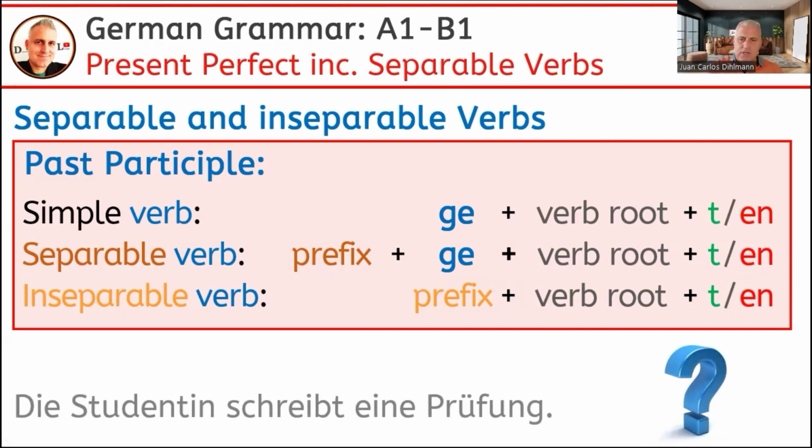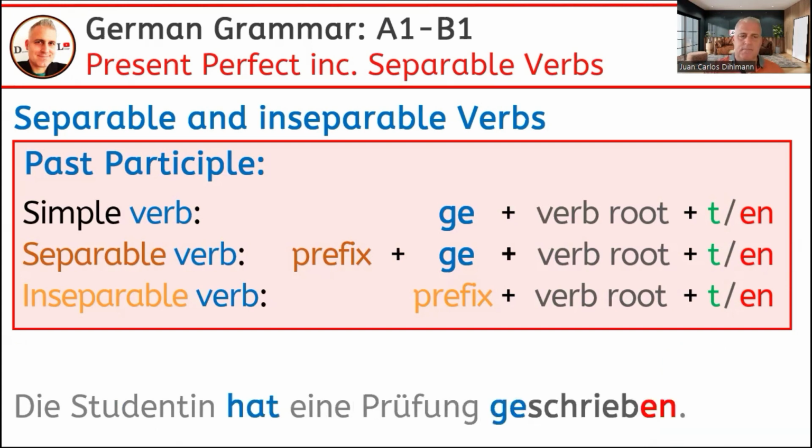Die Studentin schreibt eine Prüfung in present perfect. Okay, let's see. Die Studentin hat eine Prüfung geschrieben. So it's a simple verb, schreiben. We put ge, and the verb root schrieb is irregular, and the ending is also irregular.